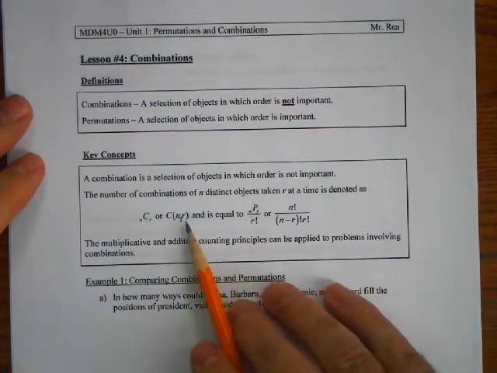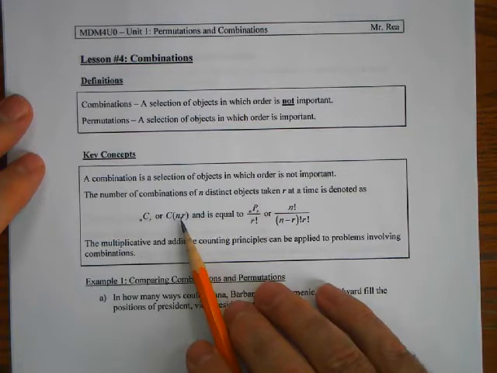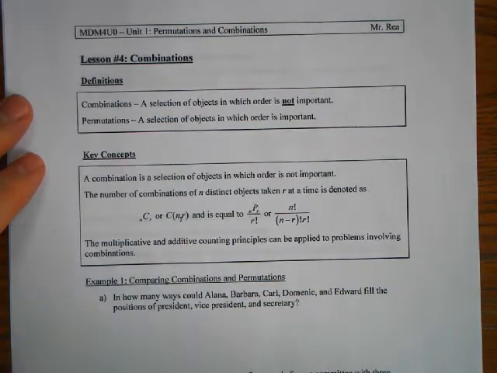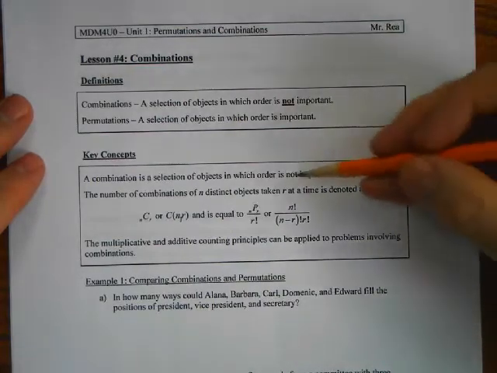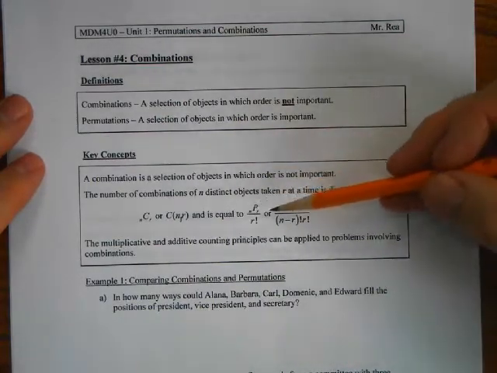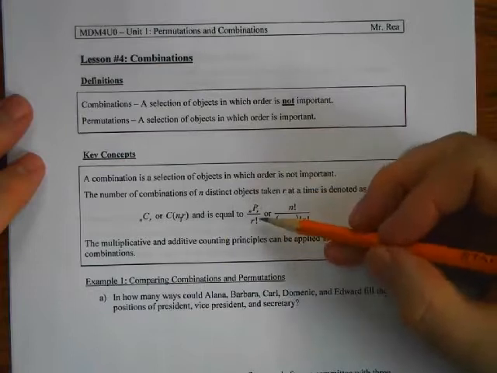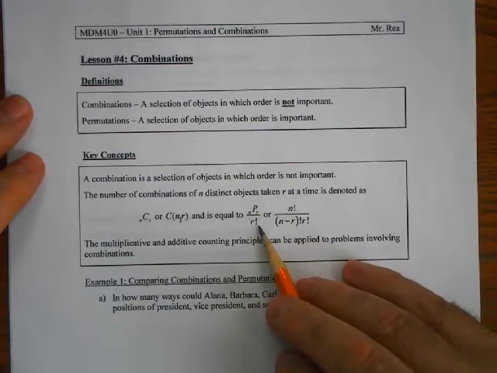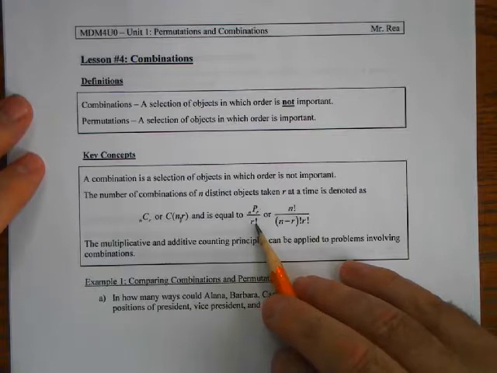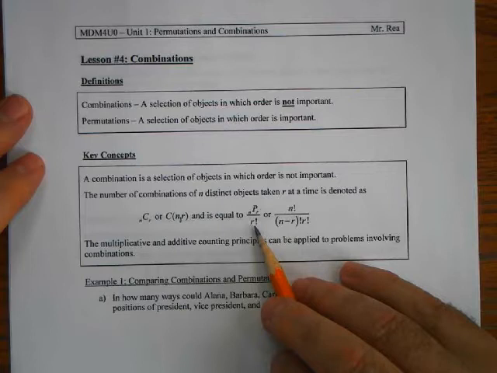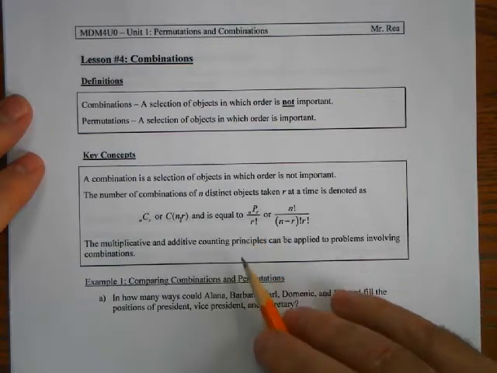Now, if you compare the combination to the permutation, I've just mentioned that you're going to have fewer combinations using the same values of n and r as you would with a permutation. Depending on what your value of r is, you're going to have a factor of r factorial more permutations than combinations.